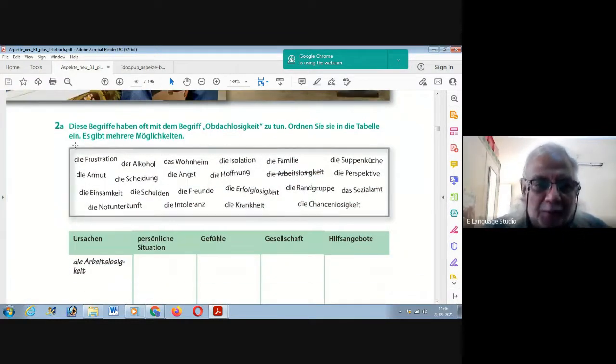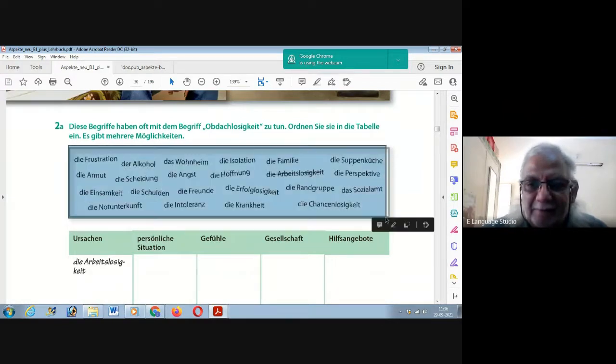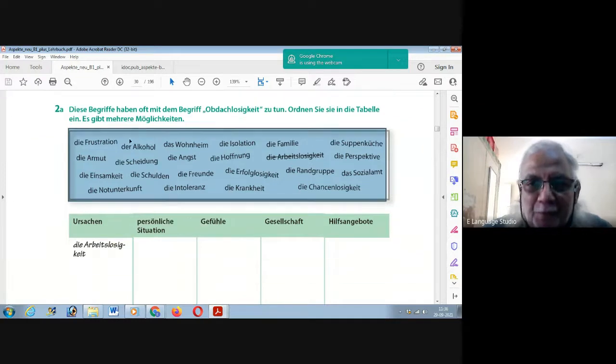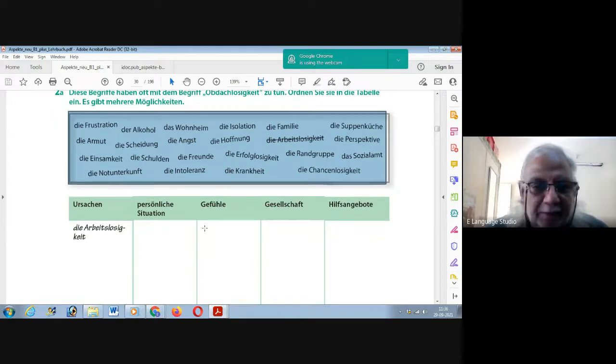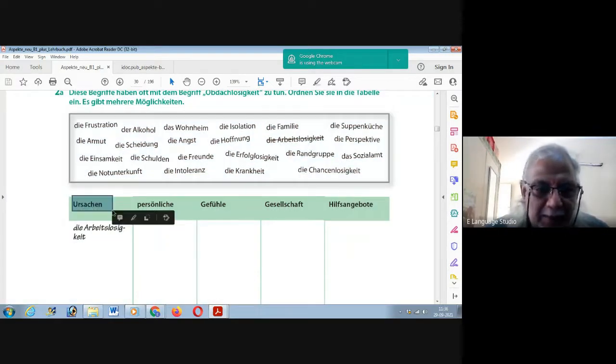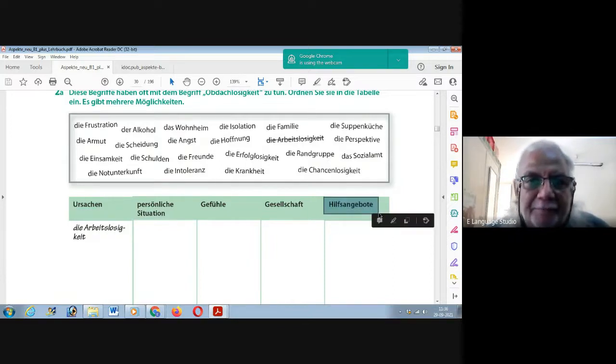What do they mean? Also welche Bedeutung haben diese Wörter? And where can we put them in this table? Ursache, persönliche Situation, Gefühl, Gesellschaft oder Hilfsangebote.